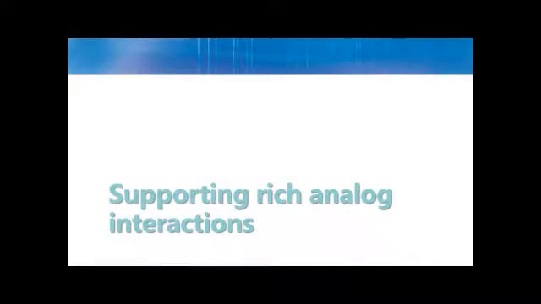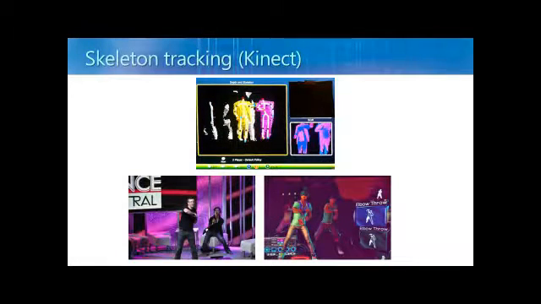So let's move on to how we actually support some of these rich interactions. One way to do it today would be to use the skeletal tracking from Kinect. Skeletal tracking gives you the joint positions of your body, and it tracks them. But the problem with that is that it's really view dependent.